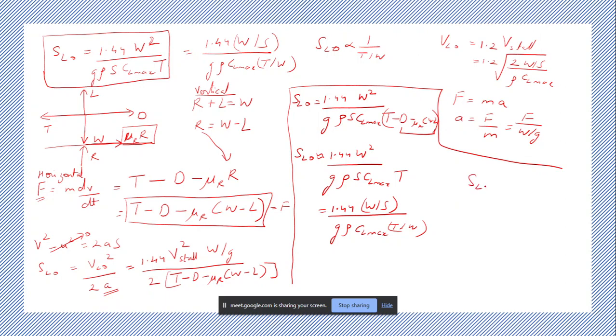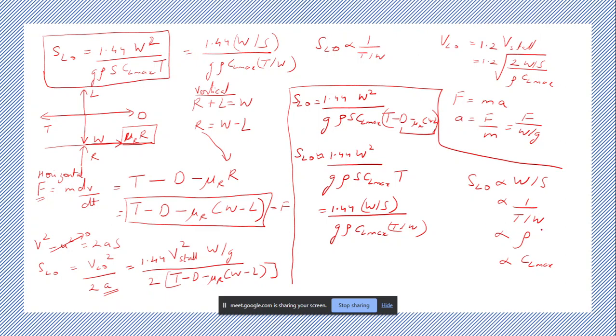So S liftoff is directly proportional to the wing loading, inversely proportional to the thrust loading, inversely proportional to the density, and inversely proportional to CL max. So if you were to increase the wing loading, your liftoff distance will increase.